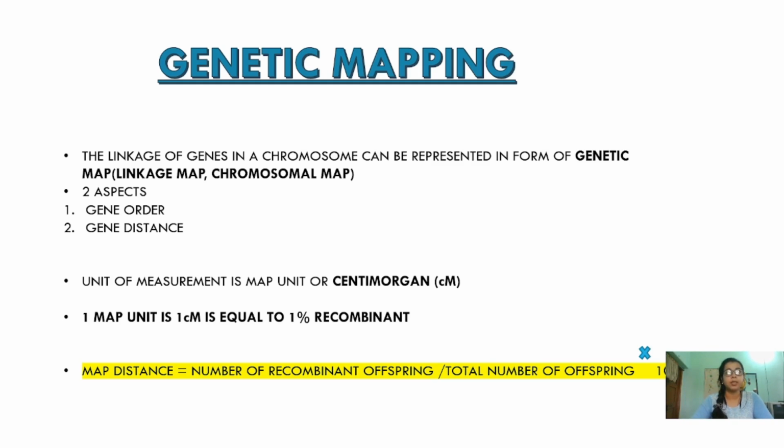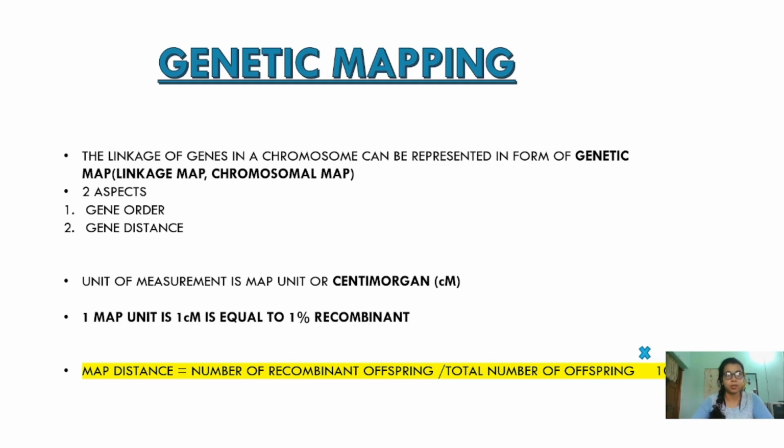Let's say if you get 10 cM, then the recombinant frequency will be 10%. You are benefited both ways. By knowing the distance, you know the recombinant frequency, gene order, as well as gene distance. So three things can be done through genetic mapping. That's why genetic mapping is very, very important.